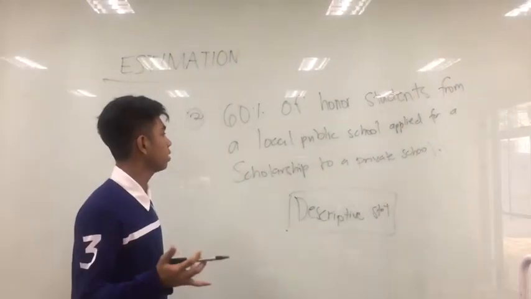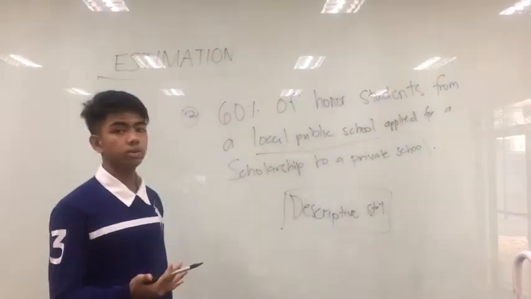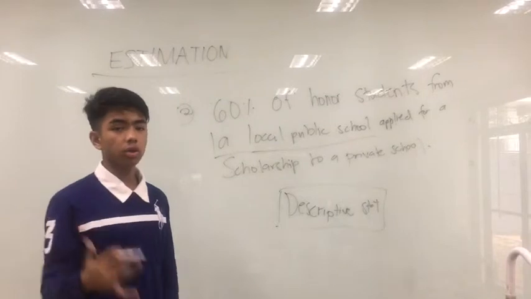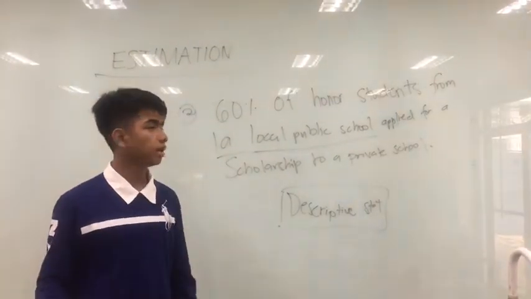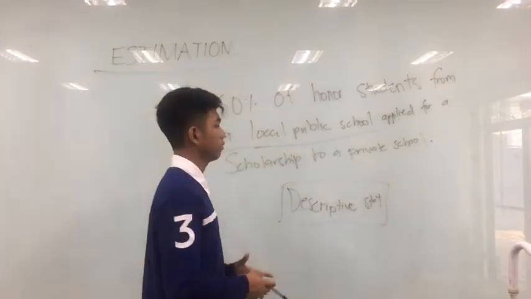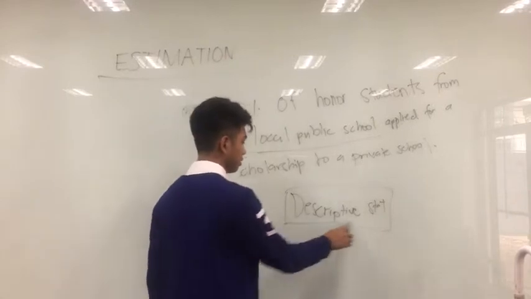Because it only talks about a local public school, only a sample from the wide range of schools in the Philippines or in the whole world. When you talk about inferential, it talks about a wide scale. And this is only a local public school, only a sample of the population of all the schools. So that's why this is descriptive statistics.